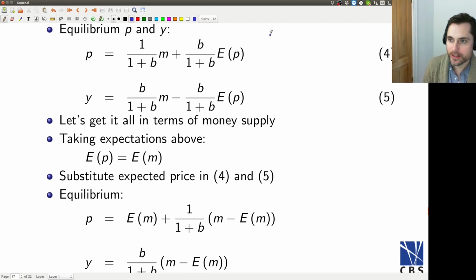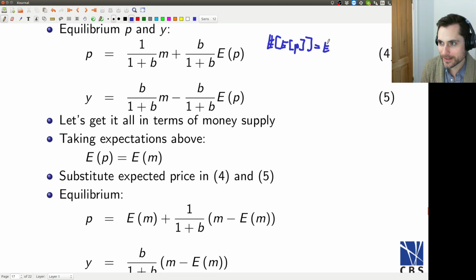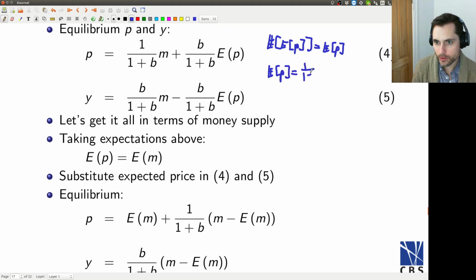By the law of iterated expectations, the expectation of the expectation of P is just equal to the expectation of P. So we're going to get that the expectation of P is equal to 1 over 1 plus B times M, plus B over 1 plus B times the expectation of P. Okay, put this on the other side.